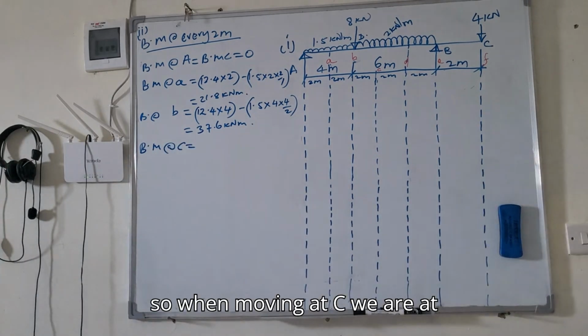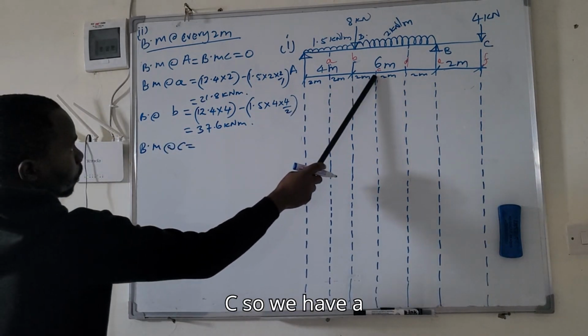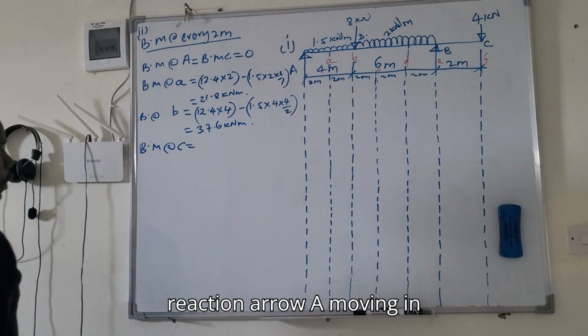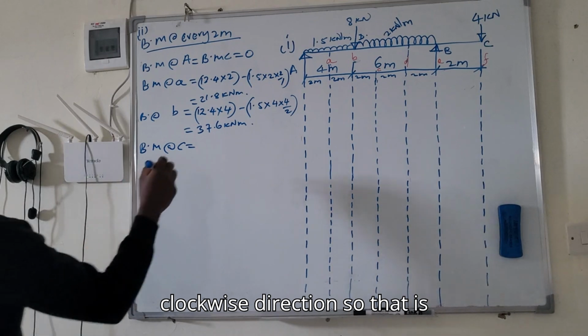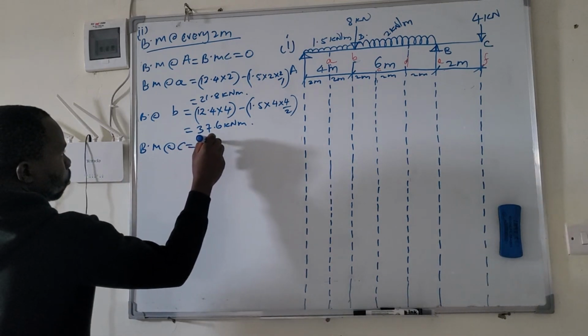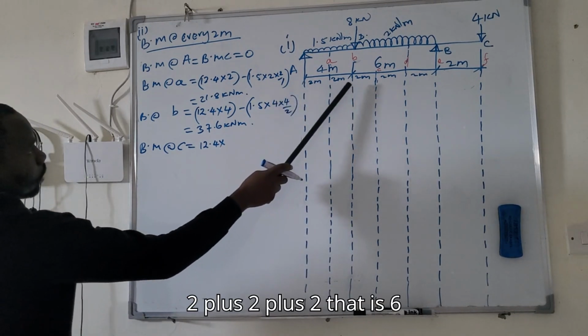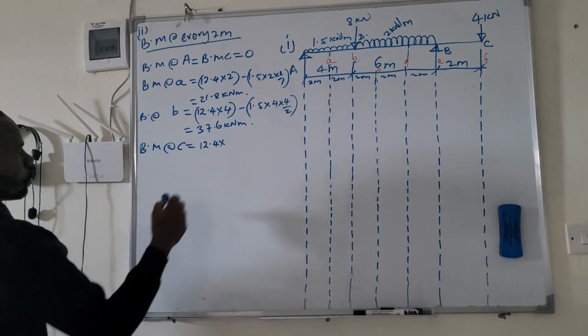So bending moment at C, we are at C. So we have a reaction RA moving in clockwise direction. So that is 12.4 times the distance, 2 plus 2 plus 2, that is 6.